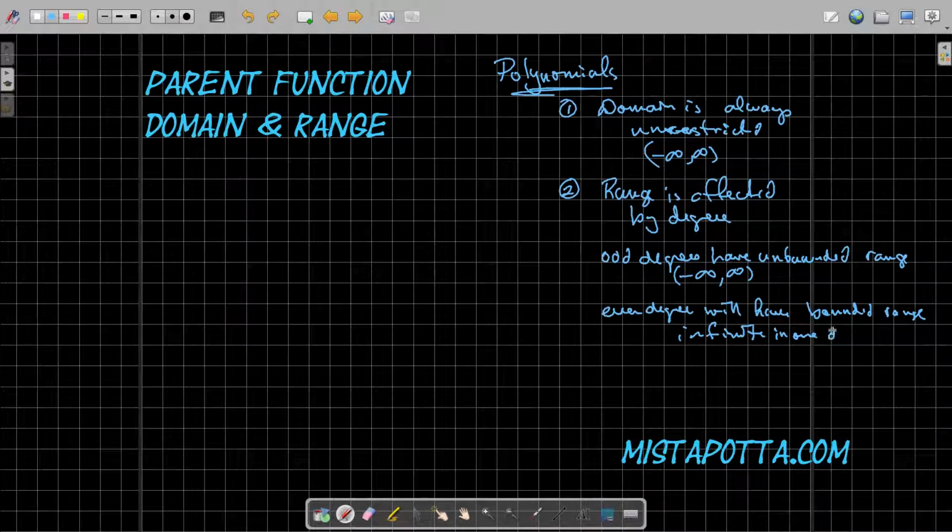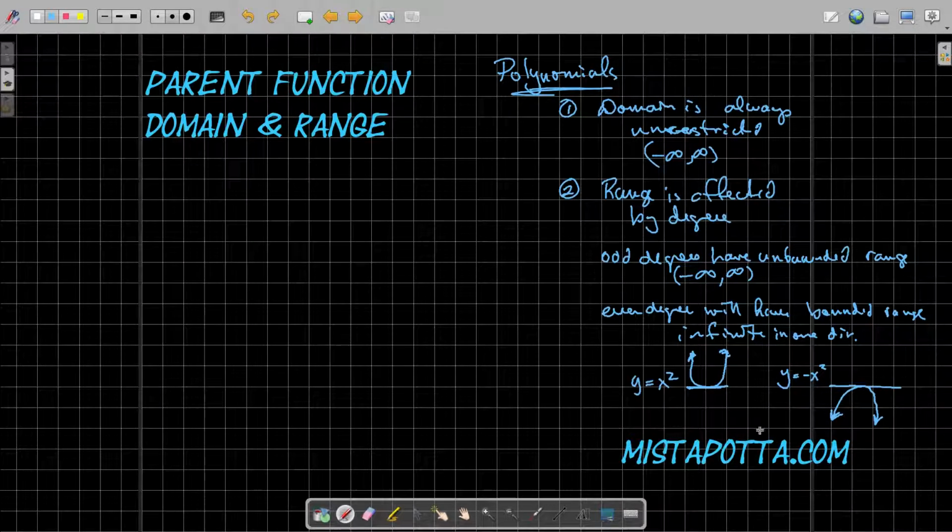So I could think of y equals x squared, that's a parabola. It's bounded. It's never going to go below 0, but it will go infinite upwards. If I think about y equals negative x squared, that again is bounded. It's never going to go above 0, but it is going to be unbounded on the infinite aspect.